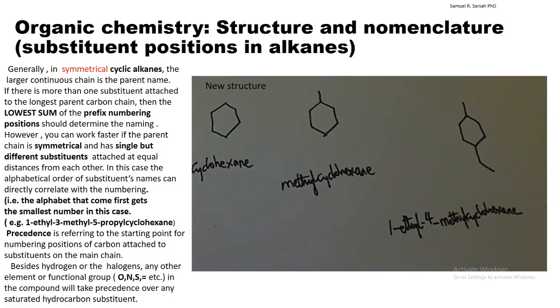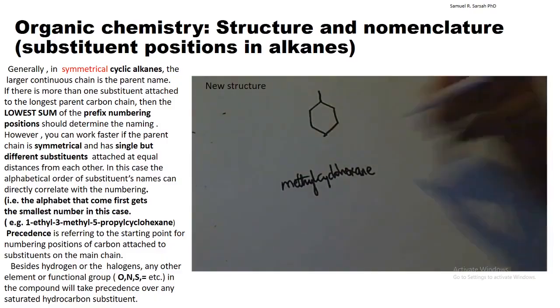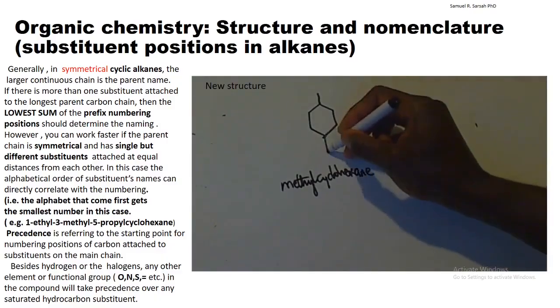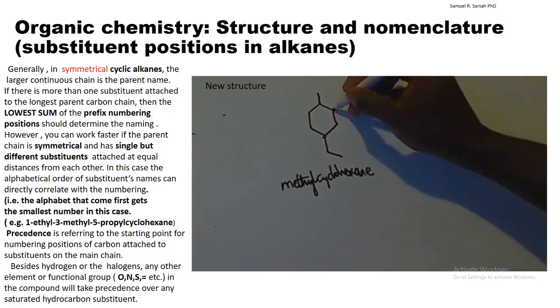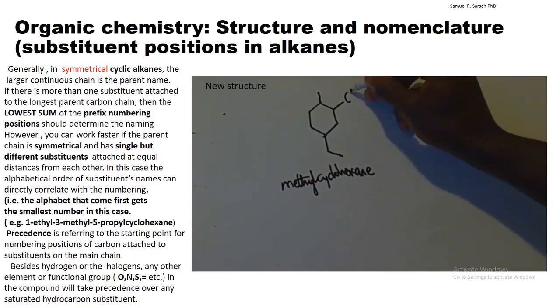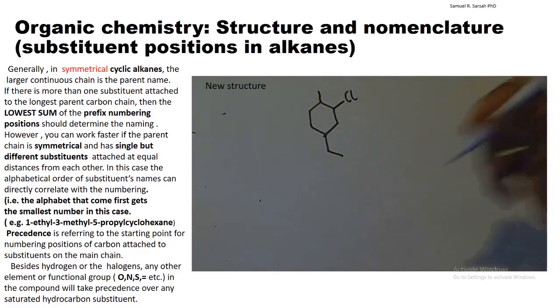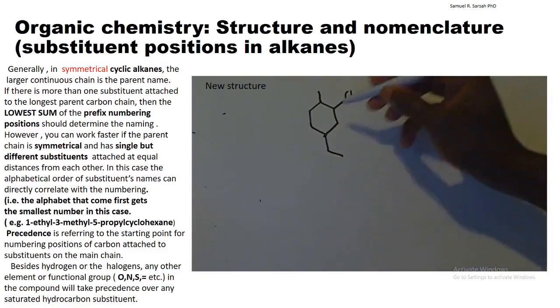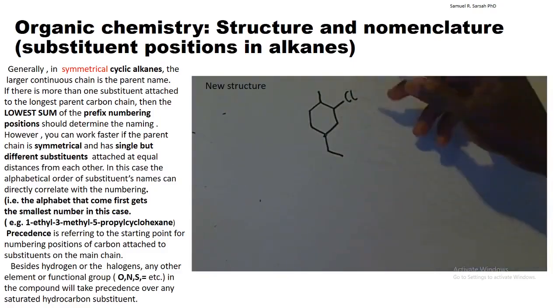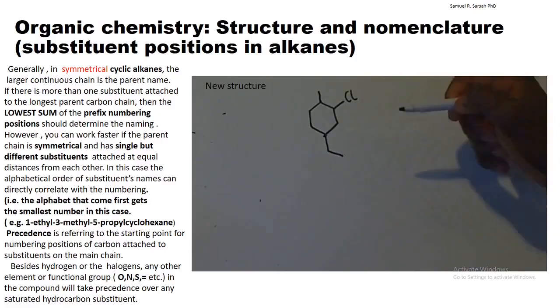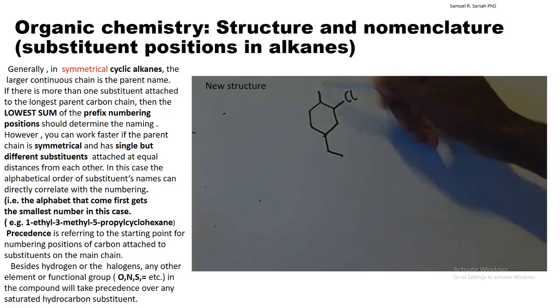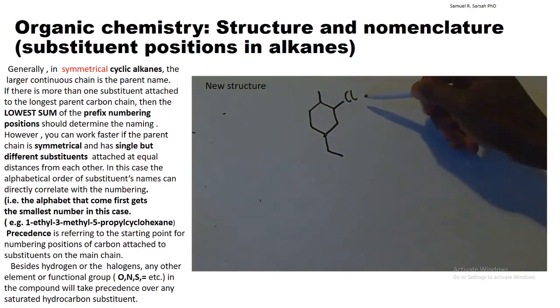I'm going to change the structure. Let me erase it and let me draw a different structure. We have 3 different substituents on a cyclohexane. We have a methyl group, we have an ethyl group, and we have chlorine.